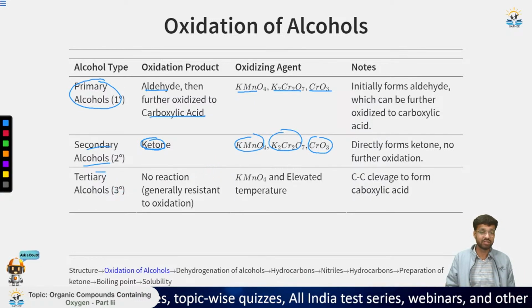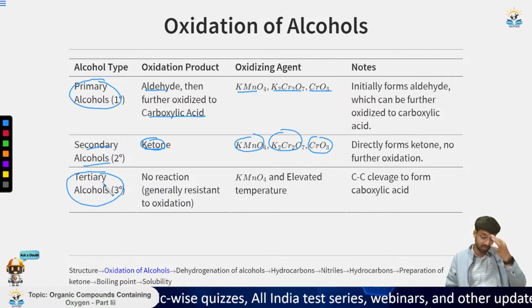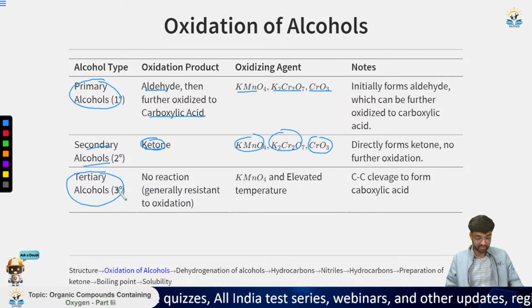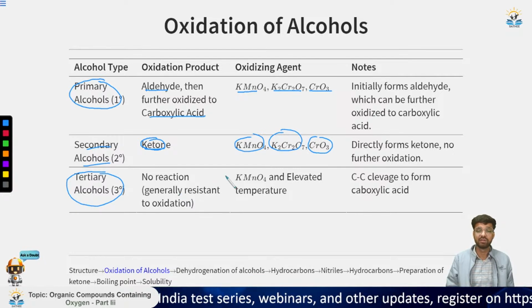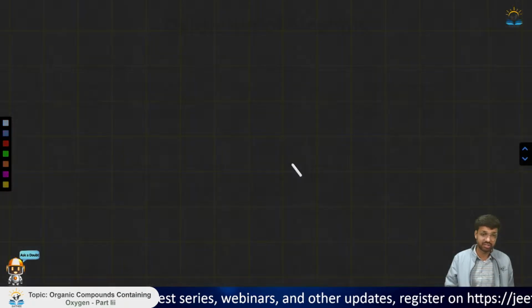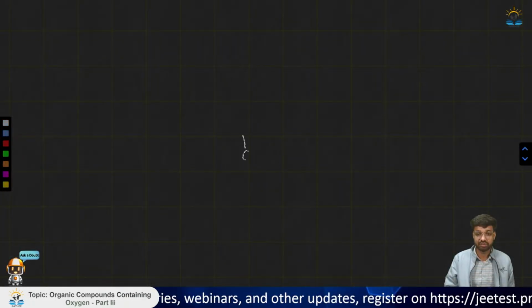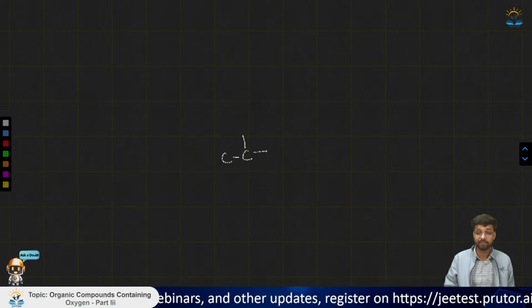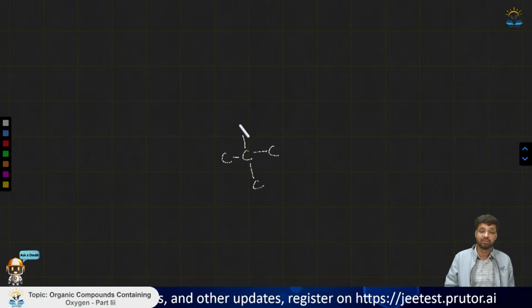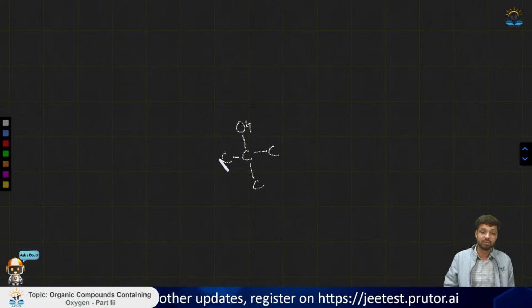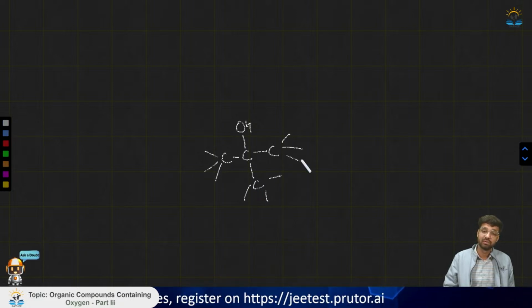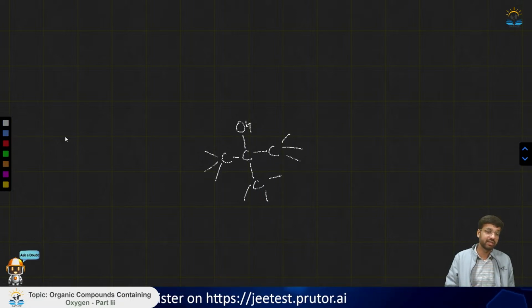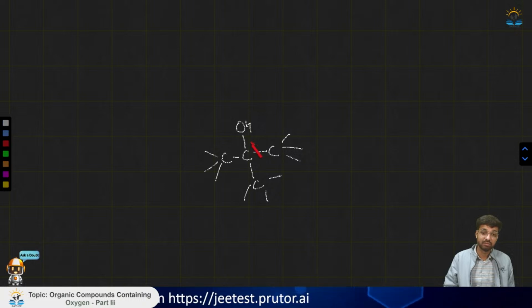So suppose we have a tertiary alcohol, and we need an oxidation method. We have to oxidize this tertiary alcohol. If you look at the structure of the tertiary alcohol, suppose it is attached to some groups.